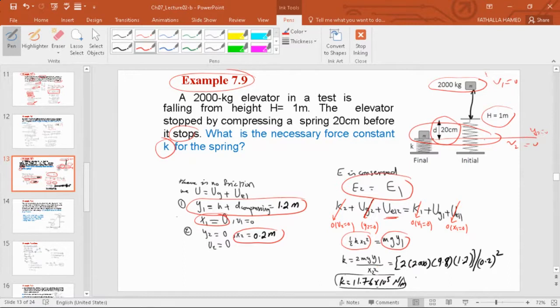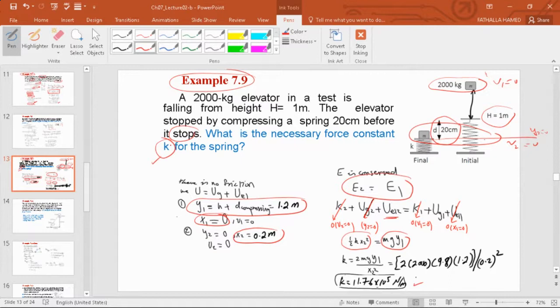So it is 2 times 2000 times 9.8 times 1.2 divided by 0.2 squared, and k comes out as 11.76 times 10 to the 5 newtons per meter. And this is how we obtain the spring constant k from a situation like this.